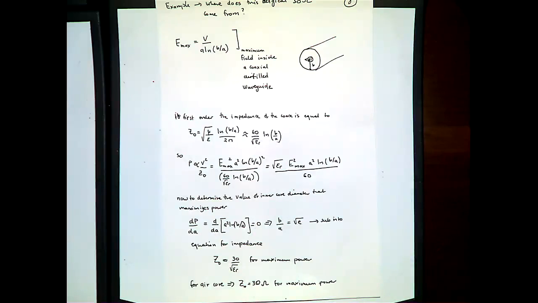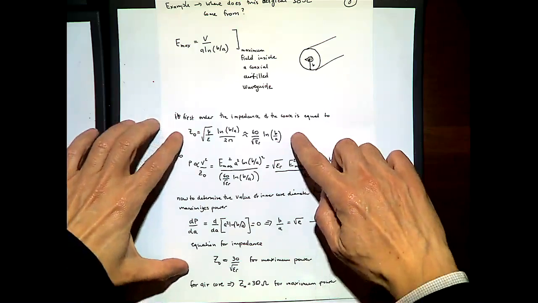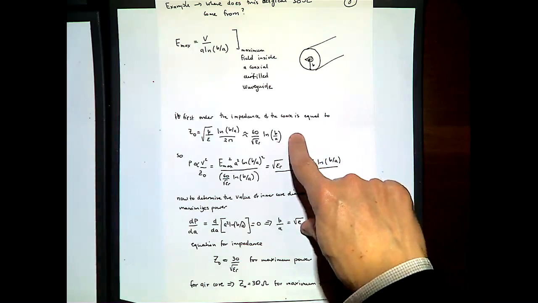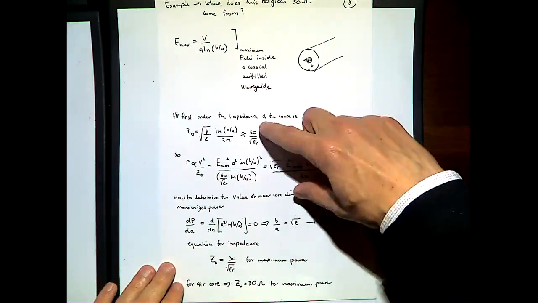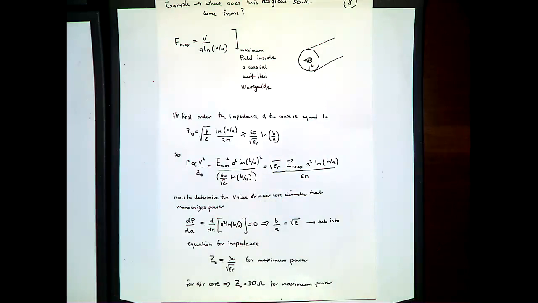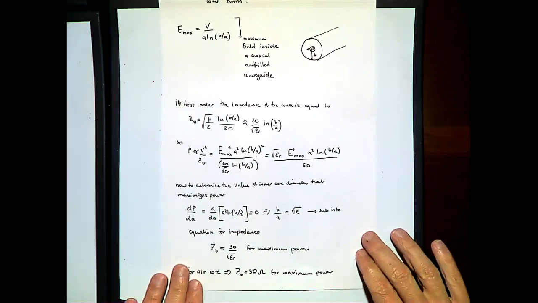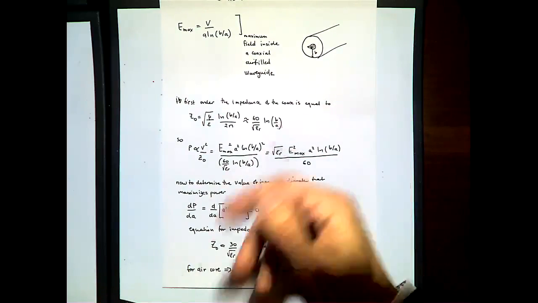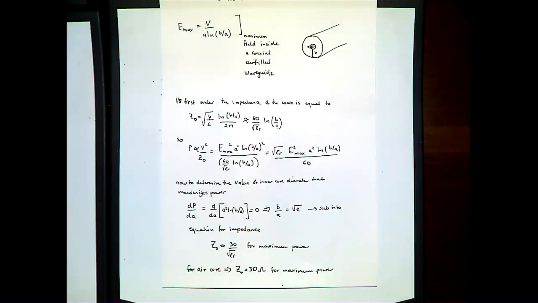If you neglect a few things, you can quite quickly show that the characteristic impedance of this coaxial cable goes approximately as 60 on the square root of the relative permittivity of the dielectric in the core of the coaxial cable. And of course, the other thing you know is that power is V squared on R, and in this case it's V squared on the characteristic impedance.